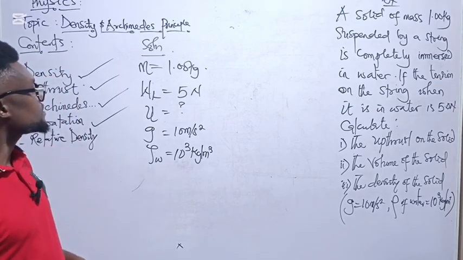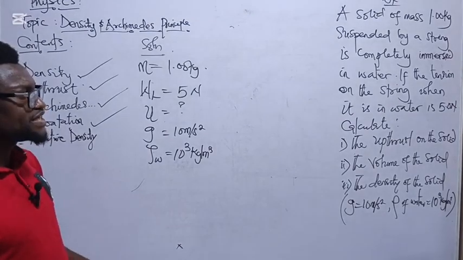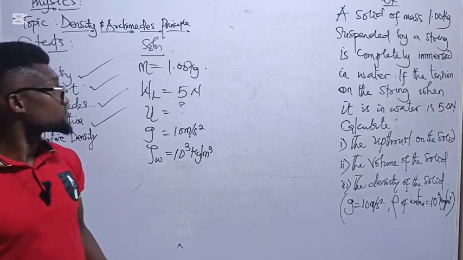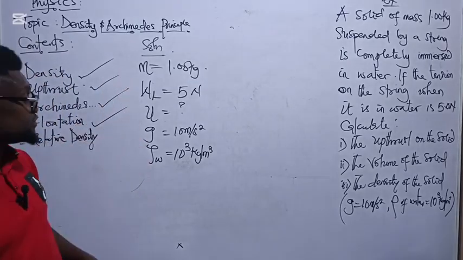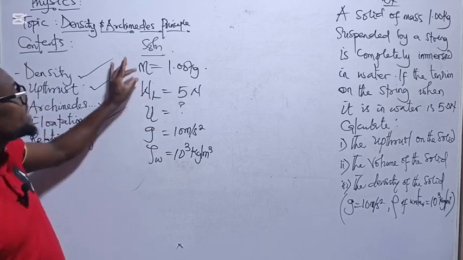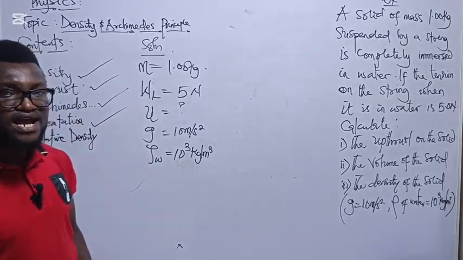Okay. Now, how do we get the upthrust? You remember I gave you two formulas for upthrust. Now we already know the weight in liquid, but we don't know the weight in air. But we know the actual mass of the body, hence we can calculate the weight in air.